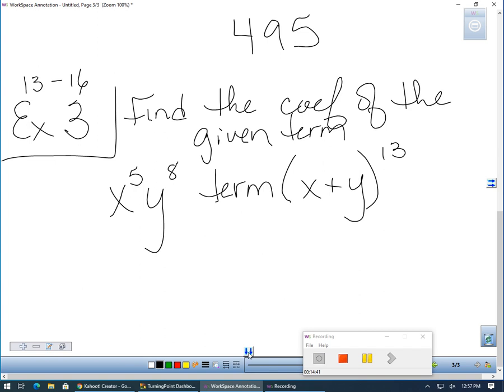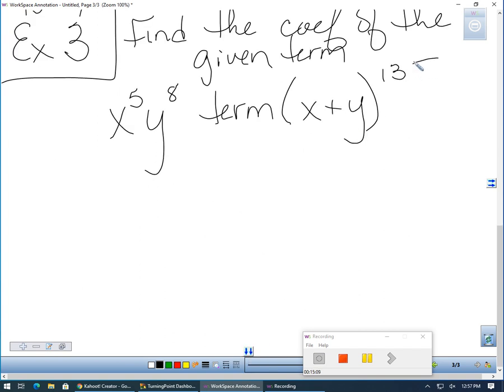To find my coefficient, remember this is my n. Where is my r?